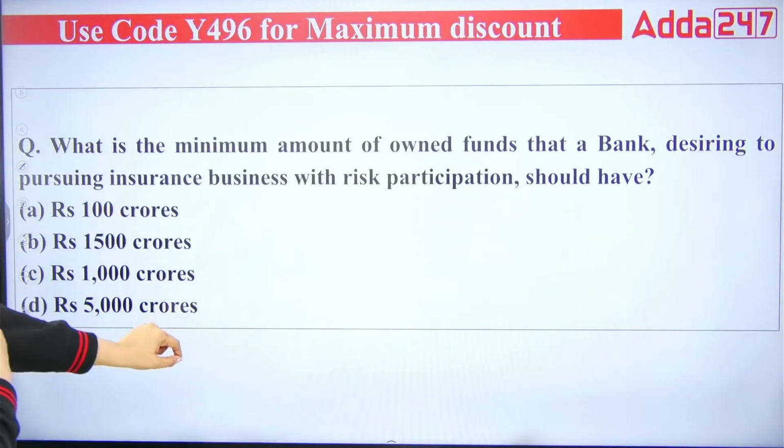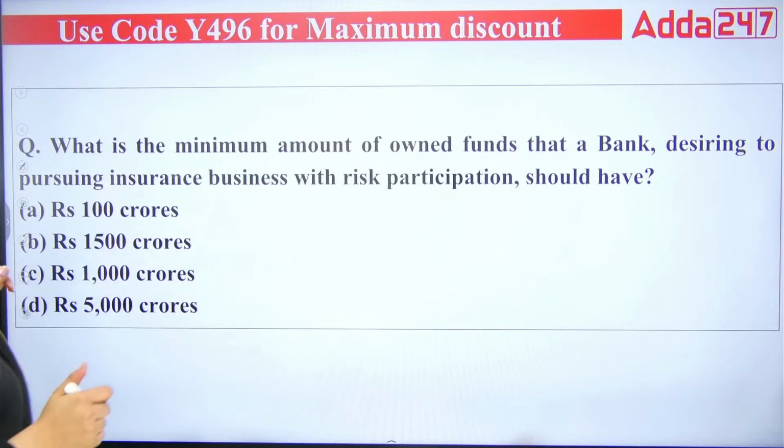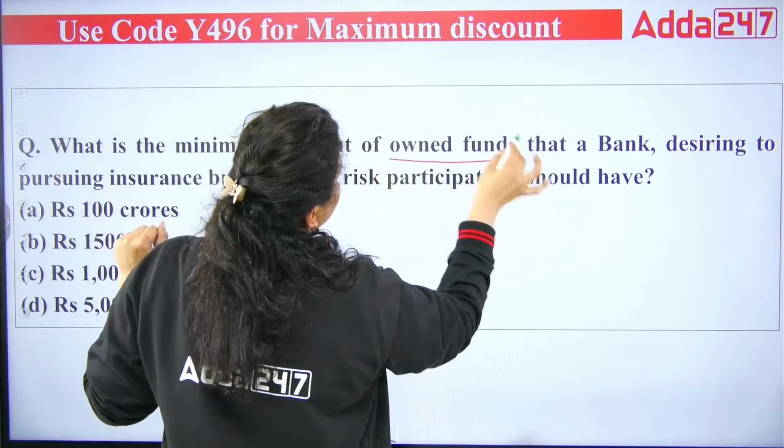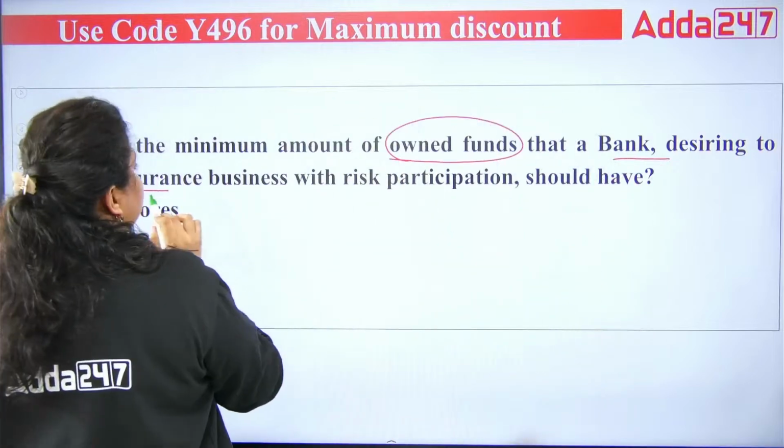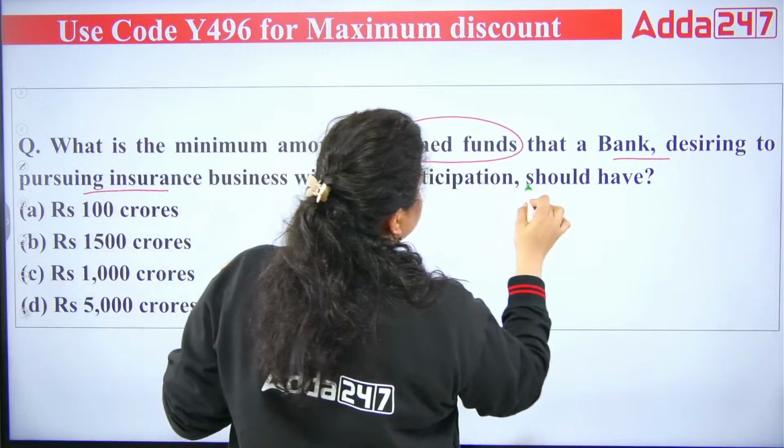Chalo, now let's start with the questions. First is saying, what is the minimum amount of owned funds that a bank desiring to pursue insurance business with risk participation should have?